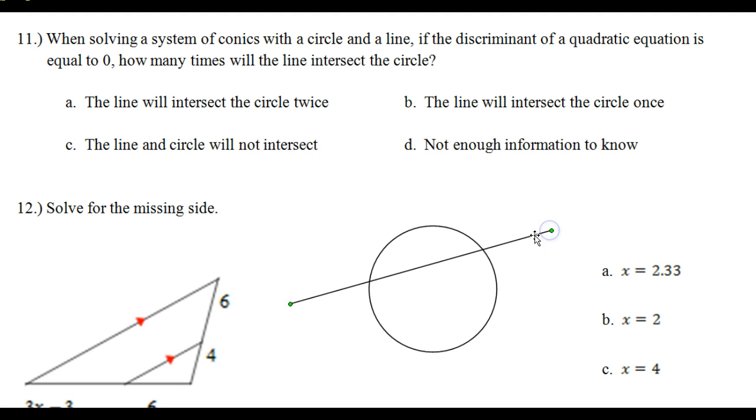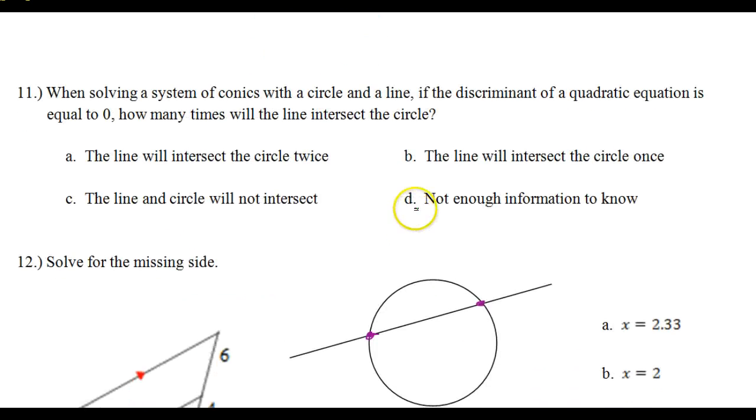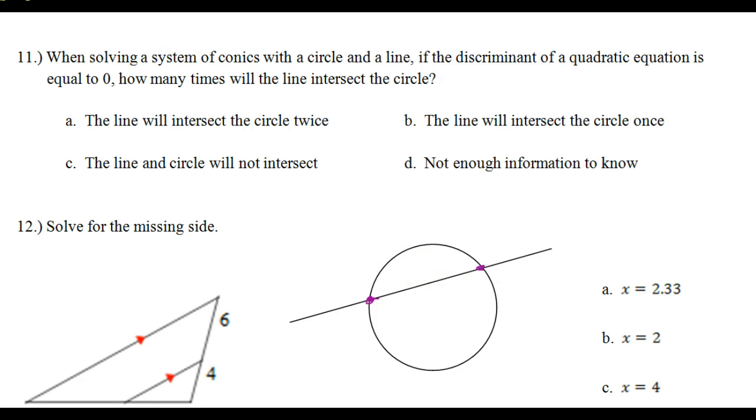Alright, one possibility is that the line intersects a circle twice. Okay, so it hits here and here. So if you're solving some equation, that means two solutions. Okay, so that's like what we got the last time, two solutions. Alright, that problem number 10 must have been something like this. But there are two other possibilities.